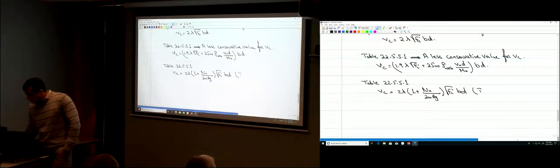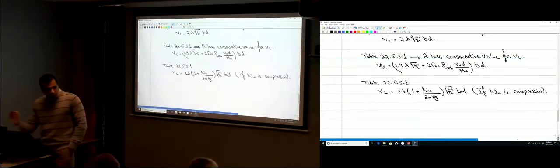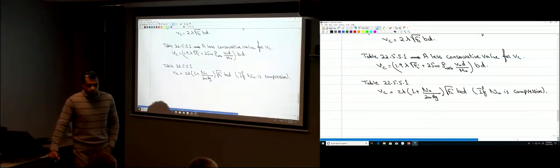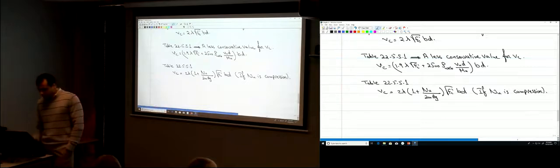This is if Nu is compression. If you have a compression force with the bending moment and the shear force, then VC is equal to that value.